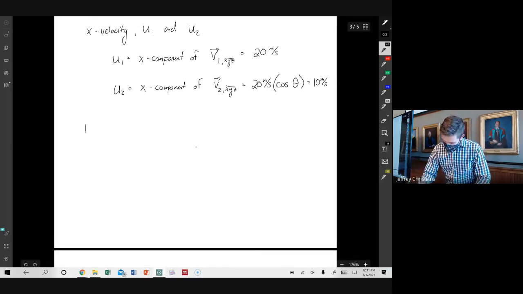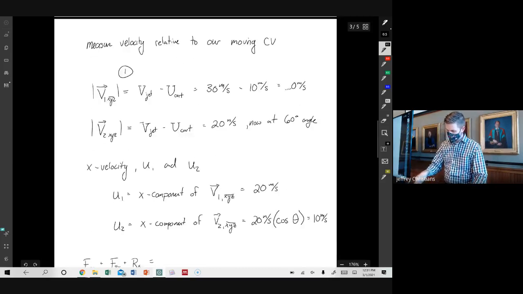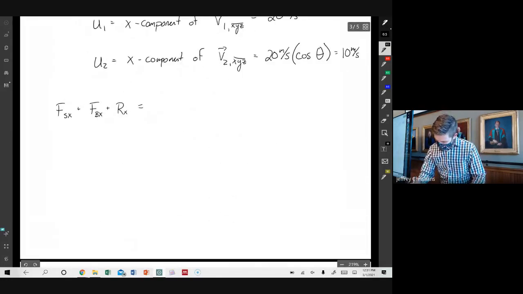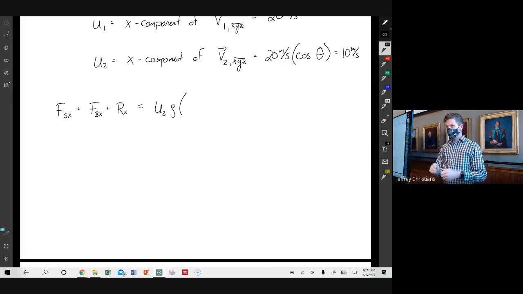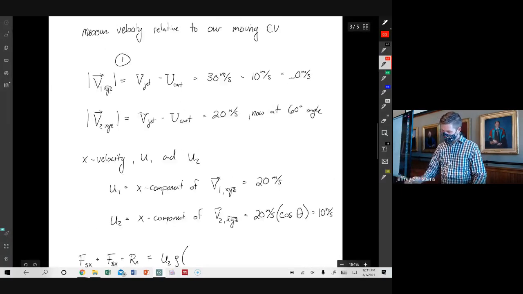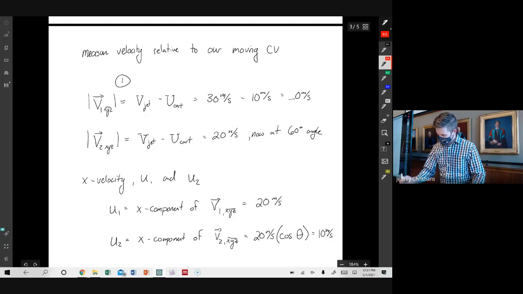So our forces in the x direction plus Rx is equal to, we're going to go back to this sum. So it's going to be u2 rho, now the velocity dotted with the area. The velocity is 20 meters per second here.